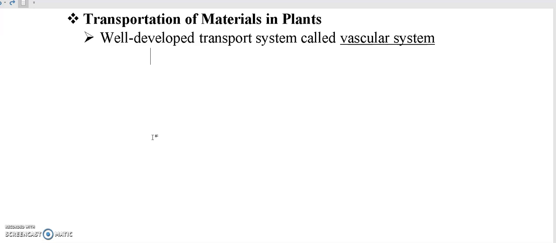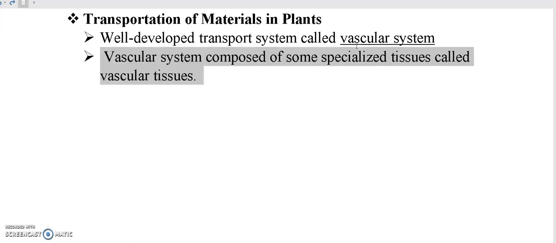This vascular system is made up of some specialized tissues, meaning those tissues are specialized to do transportation, and these tissues are called vascular tissues.